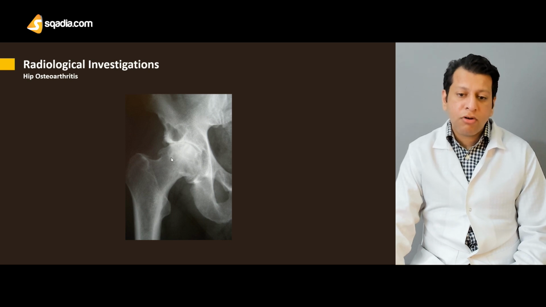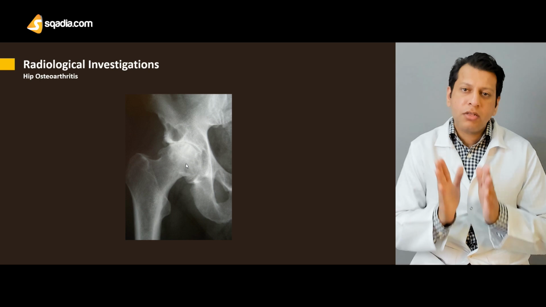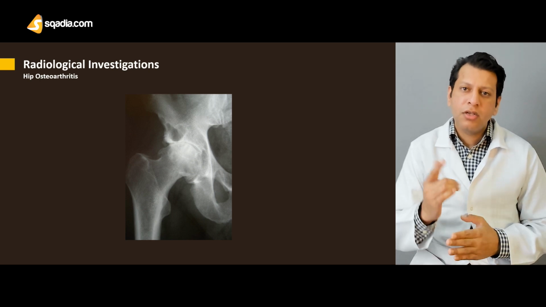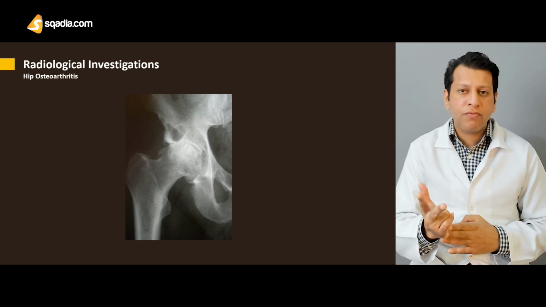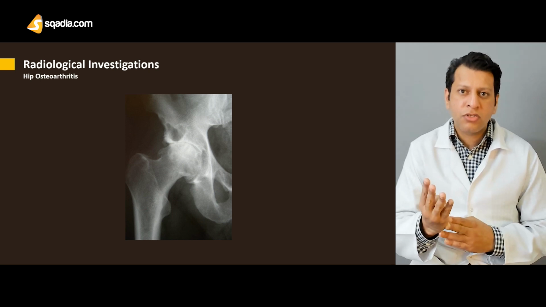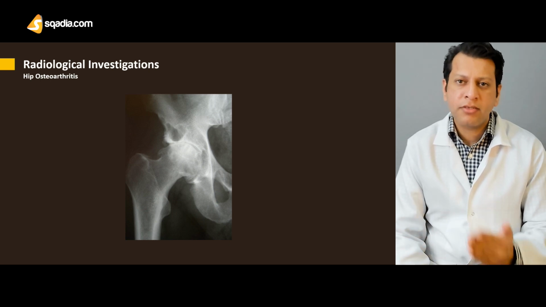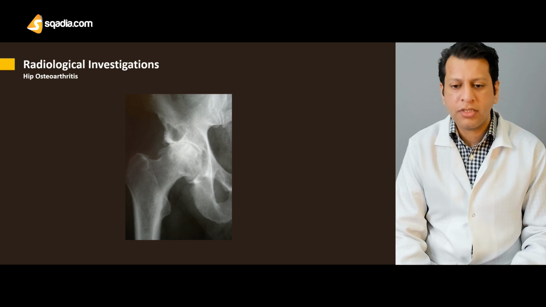And in between you can appreciate these black areas, which are lucencies. These are the subchondral cyst formation along with subchondral sclerosis. So the four things we have to look for are reduced joint space, osteophyte formation, subchondral sclerosis, and subchondral cyst formation. Now, if all these four are present, you can specifically label this patient as having osteoarthritis.